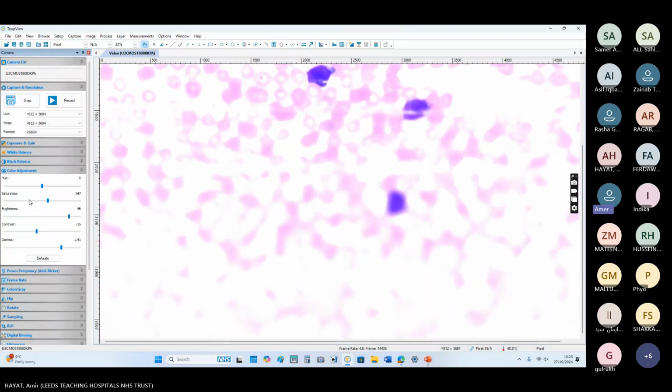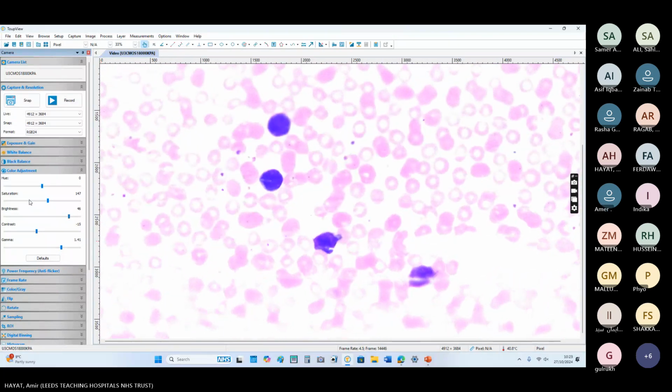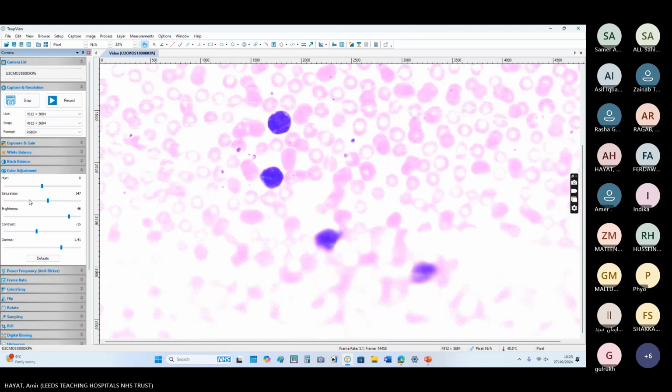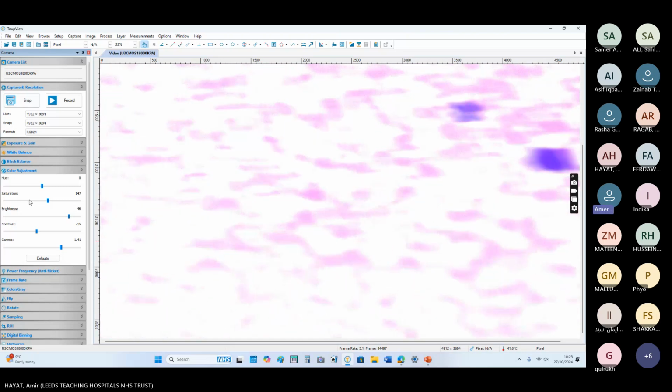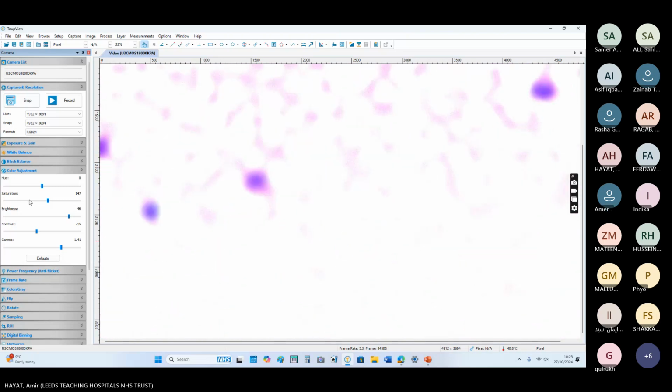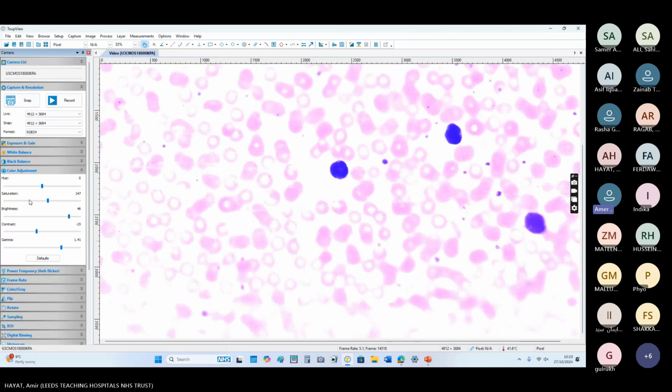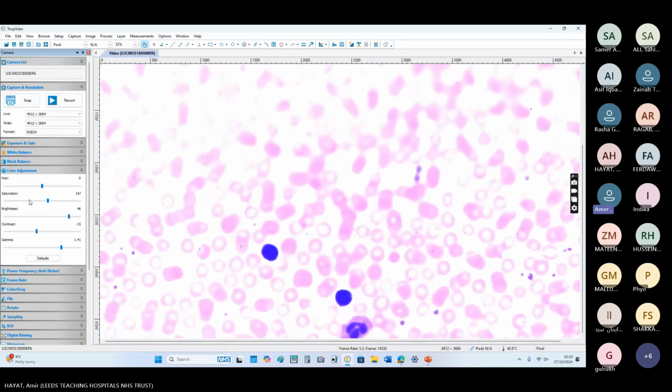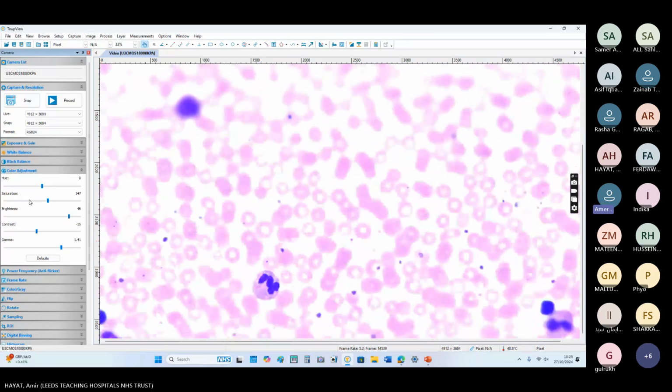Any idea about the nature of this cell? Sir, they look like lymphocytes. They are lymphocytes, but we want to see the characteristic morphology of these cells.